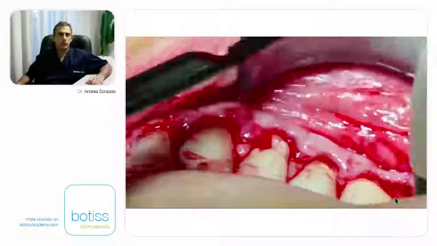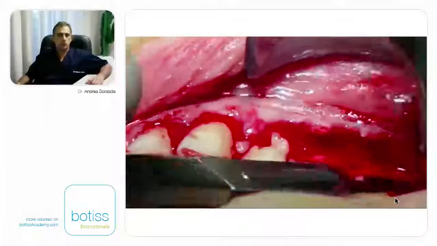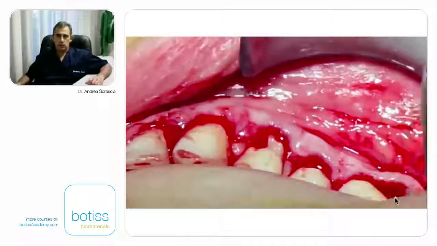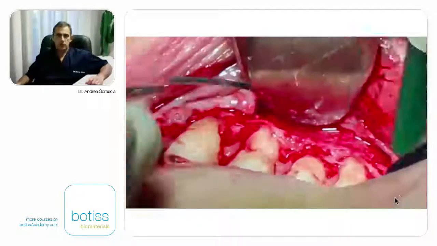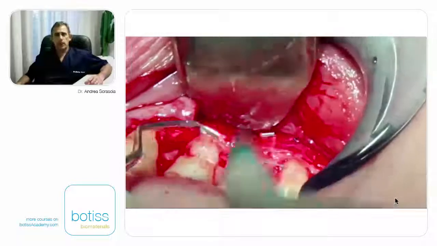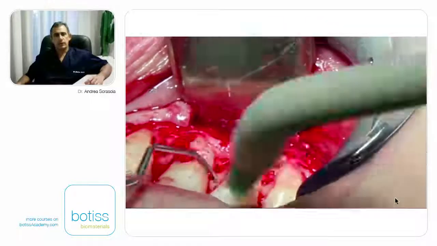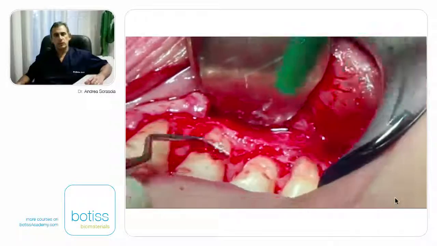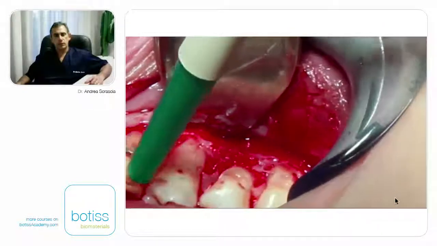Then you start the de-epithelialization, first the cleaning of the roots with planing and scaling the roots. It's very important.